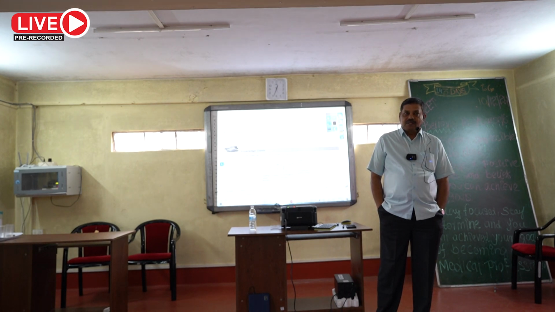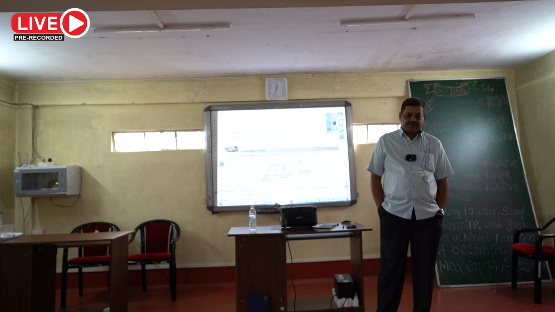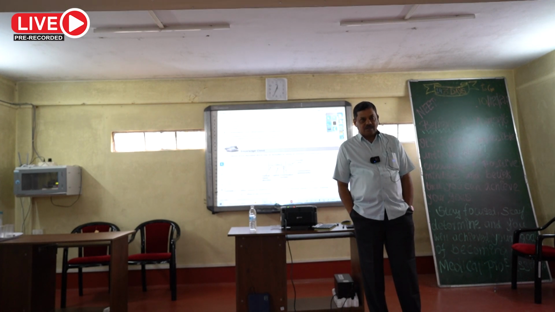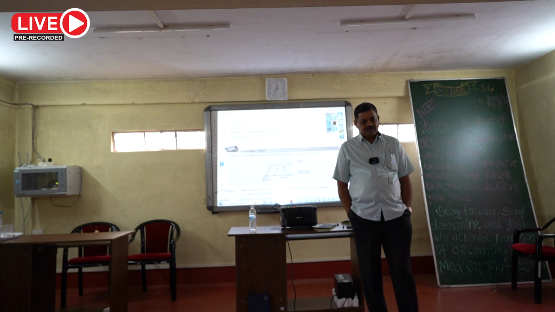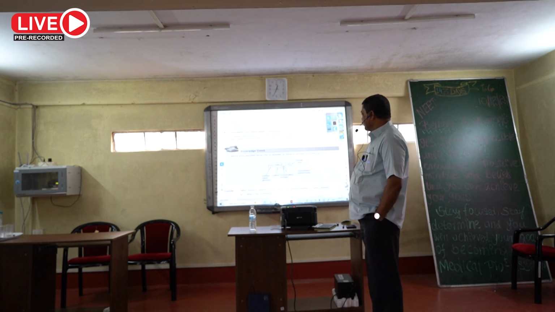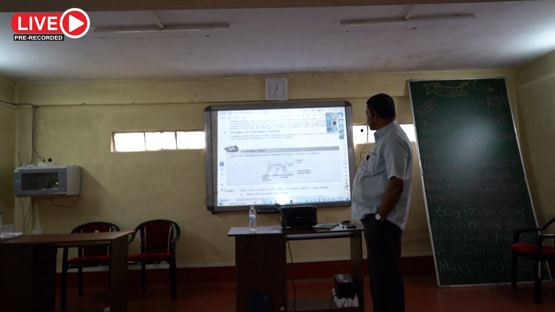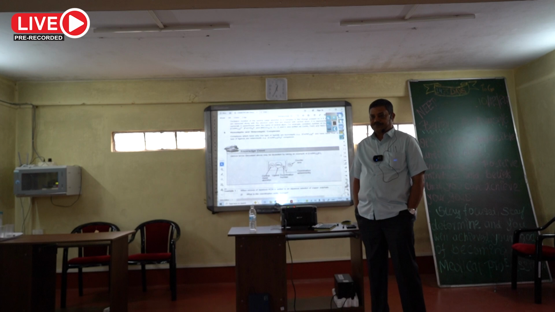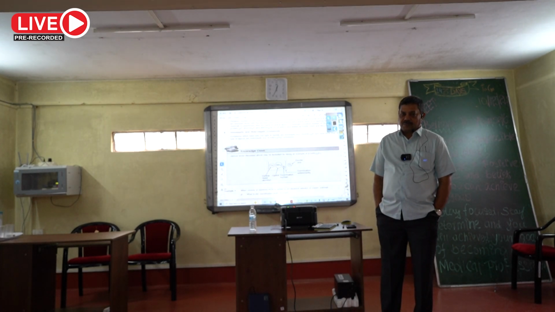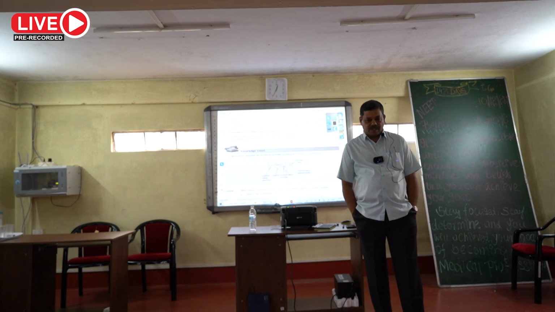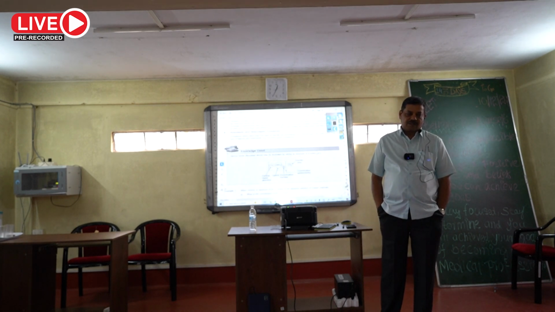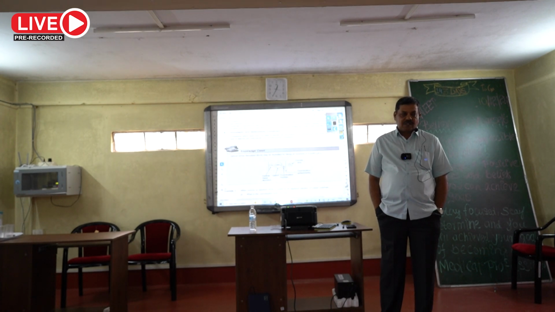Next point. In the formation of a complex, the negative ions or neutral molecules which donate electron pairs to the central metal atom or ion are known as Lewis bases or ligands.